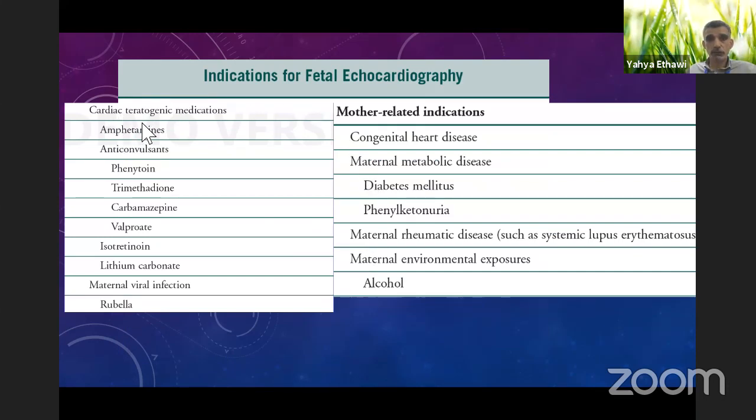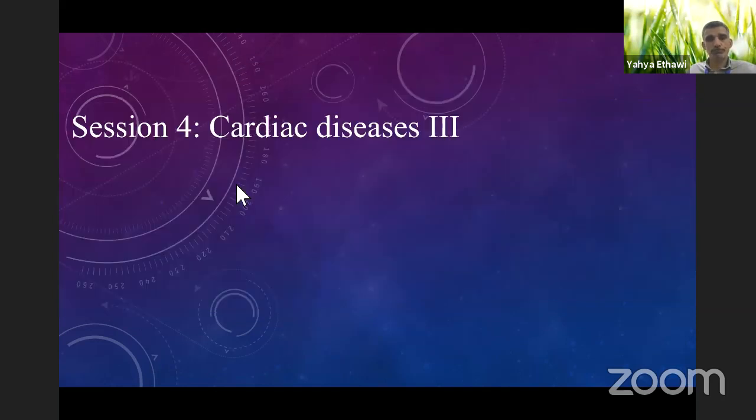Other indications: if the patient is on teratogenic medications, or if the mother has a related disease that causes congenital heart disease, such as autoimmune diseases, diabetes or phenylketonuria, and so on. Alcoholism or maternal medications are also indications to do a fetal echo.